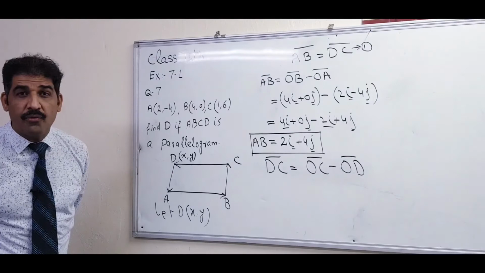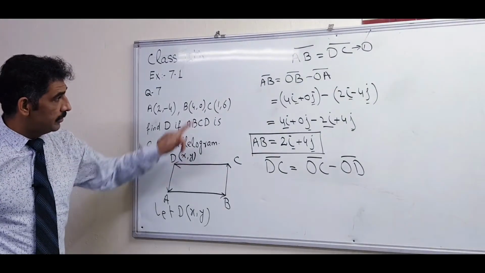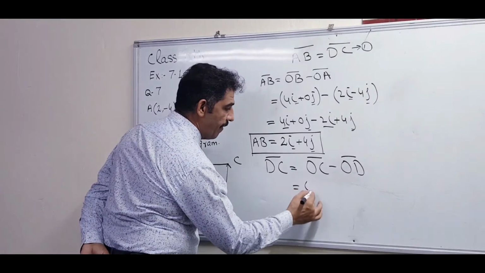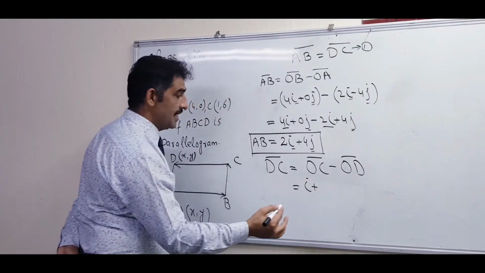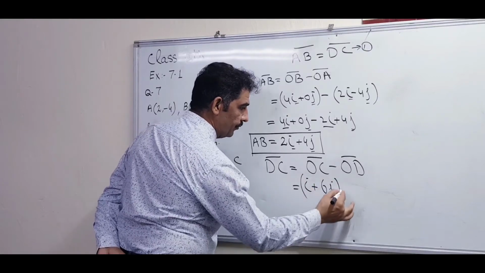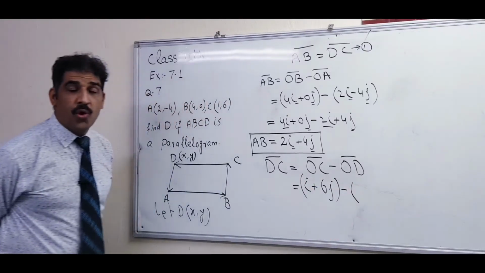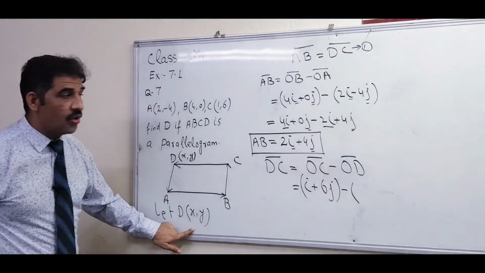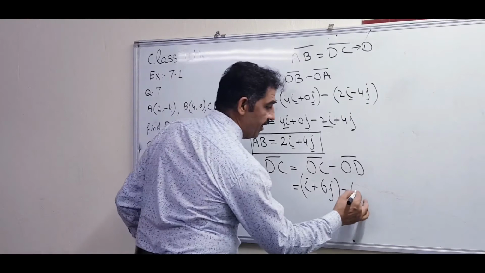What is the value of OC? From here, i plus 6j. What is the value of OD? xi plus yj.